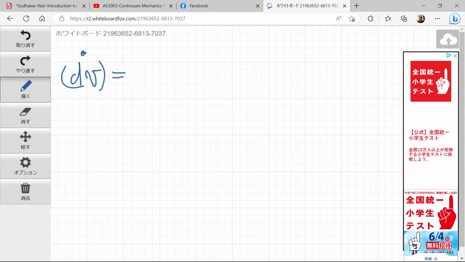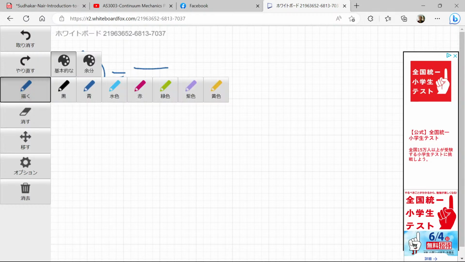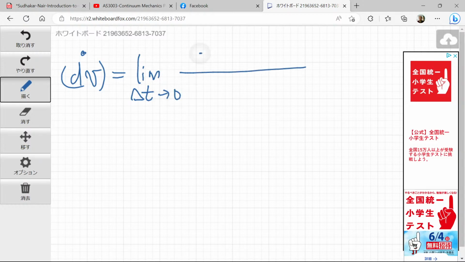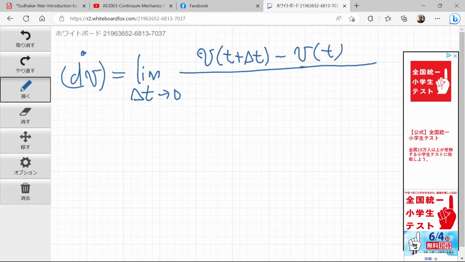This is like the limit as delta t goes to 0 of V at t plus delta t minus V at t, over delta t.